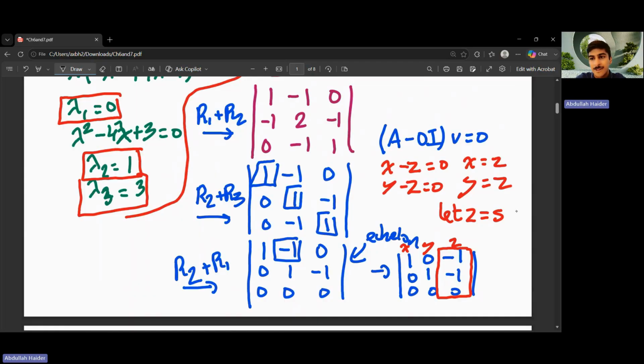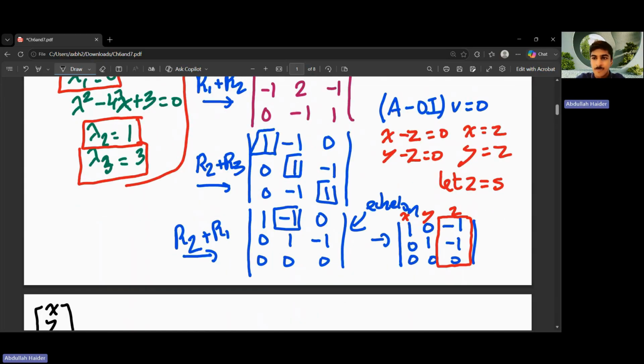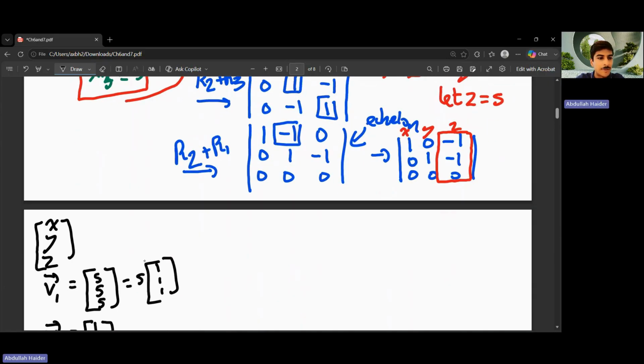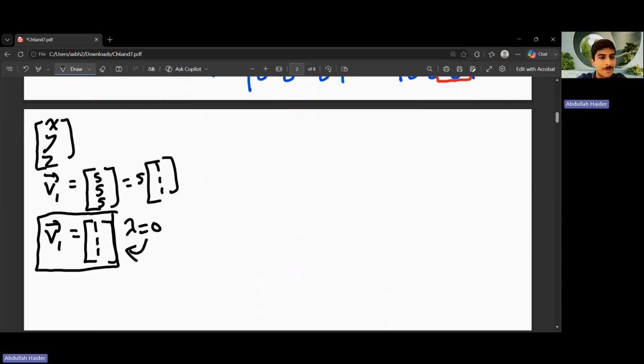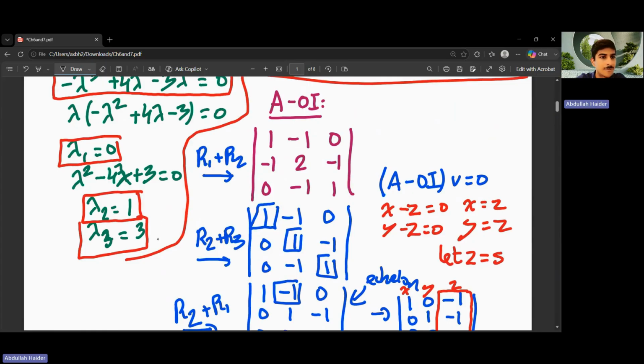Since z was a free variable, I took a parameter s. v1 equals s times the vector, I can take out the s, and whatever I'm left with as the vector itself is going to be my eigenvector. So lambda equals 0 corresponds to this eigenvector. Our job is far from done. This is done basically. Now we repeat the process for lambda 2 and lambda 3.